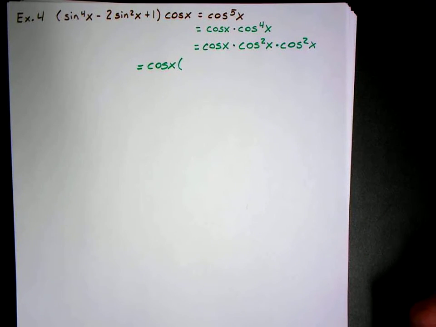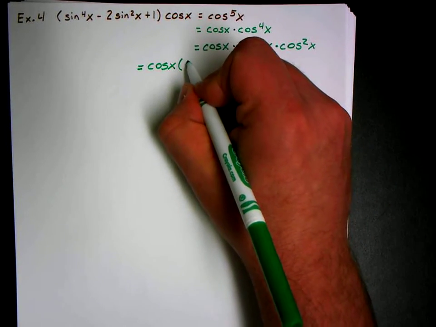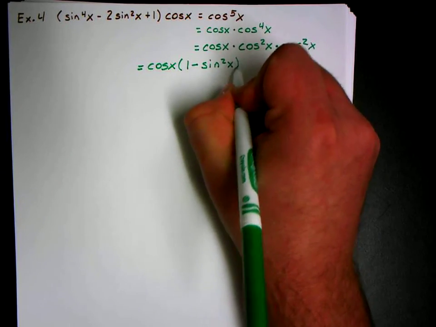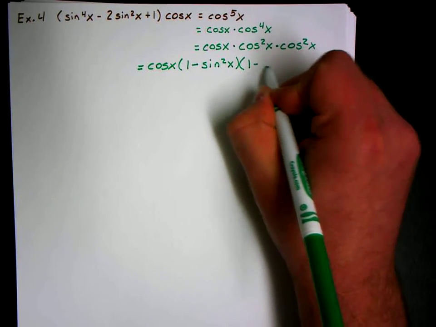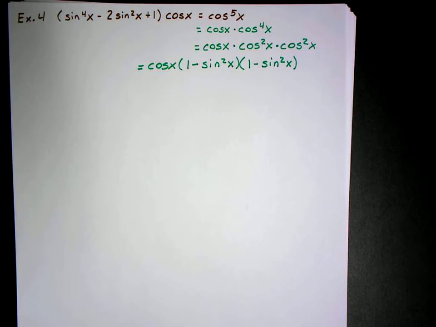Okay, so Pythagorean says cosine squared of x plus sine squared of x equals 1. So that means cosine squared of x would equal this because of the Pythagorean, correct? So I just needed to break it up to get to cosine squared of x's so I could use my Pythagorean.